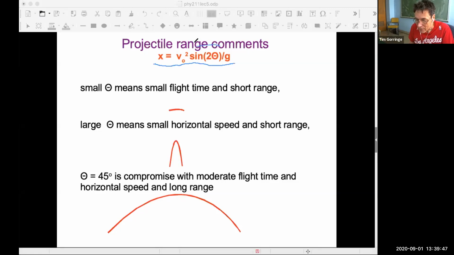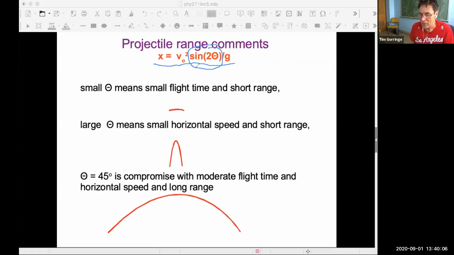Inside here is this interesting trigonometric function, sine of twice the angle that you fired the cannonball at, fired the basketball at, or kicked the football at, twice the angle.